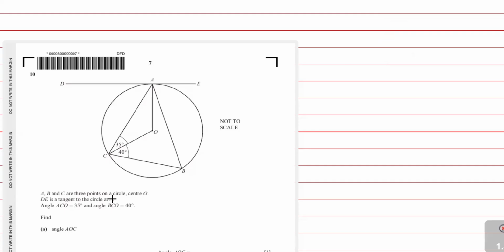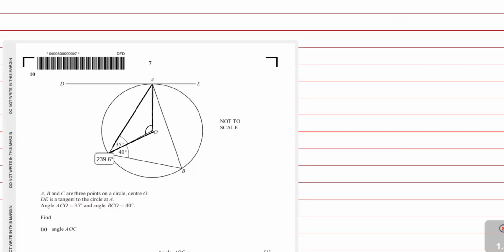Question 10, ABC, 3 points on circle, DE is tangent, angle ACO 35, angle BCO 40, find angle AOC. We have to calculate this angle AOC, and we can calculate this angle if we take this triangle AOC.